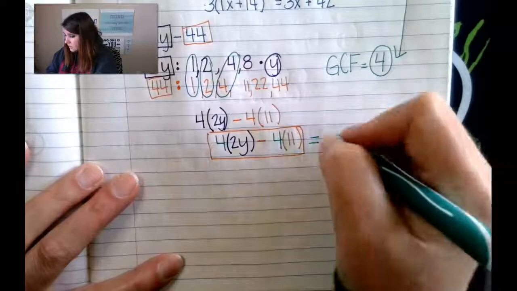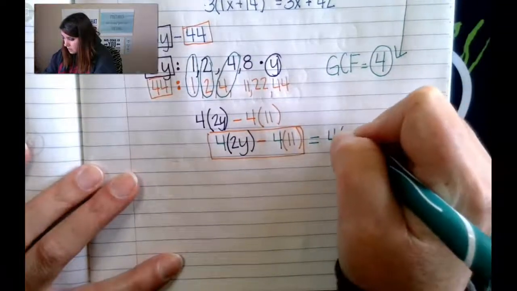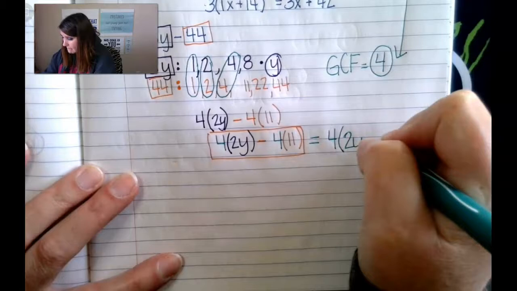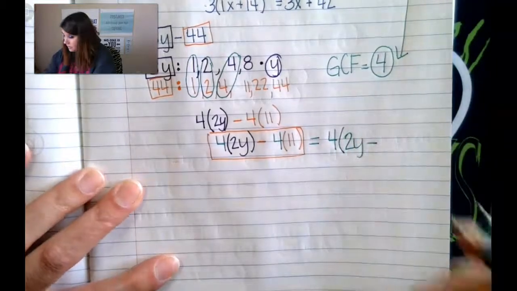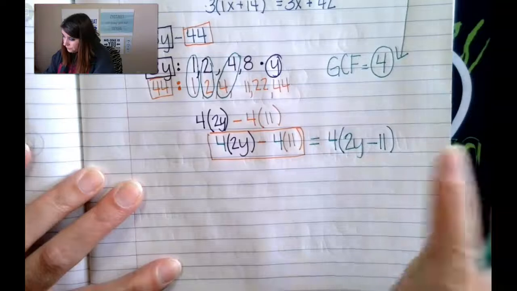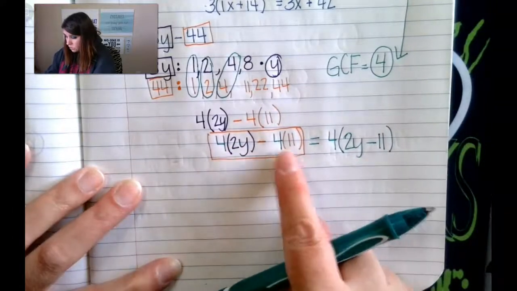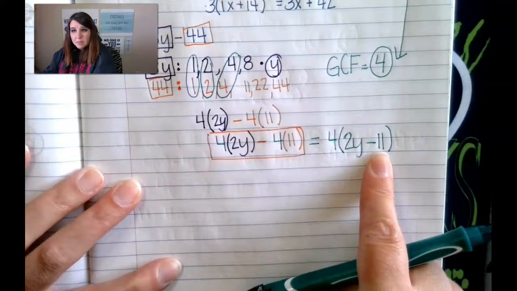So this equals 4 and 2y minus 11. So I'm just taking these two inner numbers, these two terms, and popping them in.